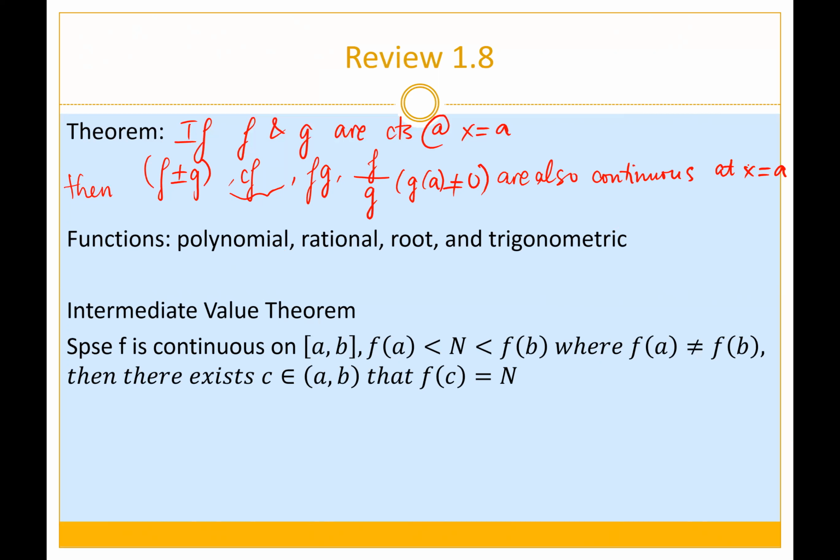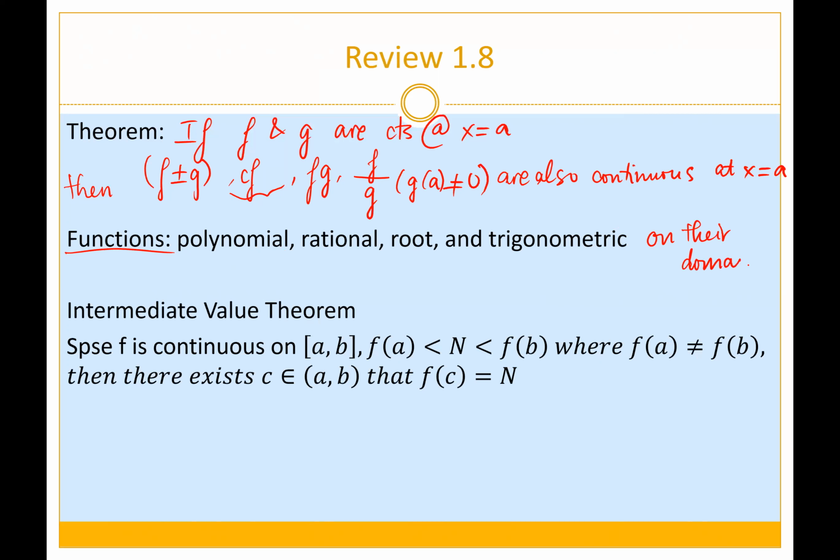Now, as a list, we have these functions that will always be continuous on their domain. The first is the polynomial, which is really familiar to you, in the form ax^n plus bx^(n-1) plus, until you have c, which is a constant.